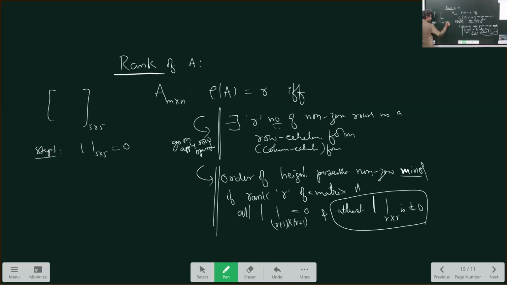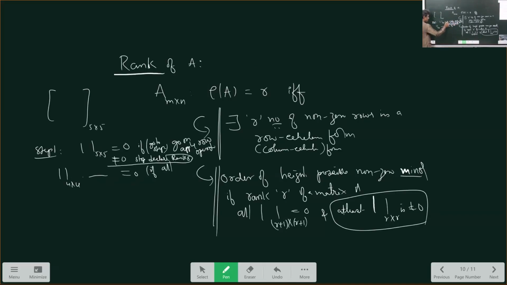If it is not 0, stop and declare the rank is 5. If it is 0, then go to the next step.